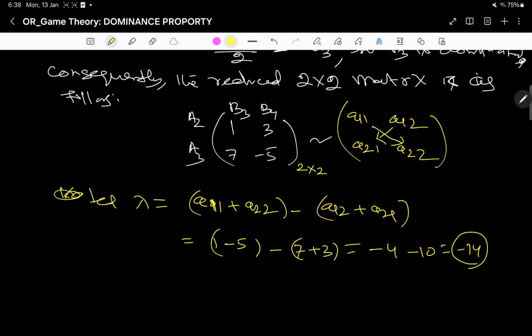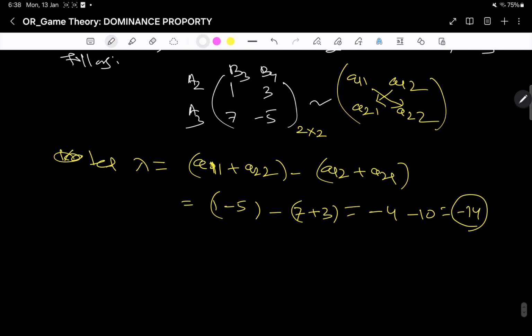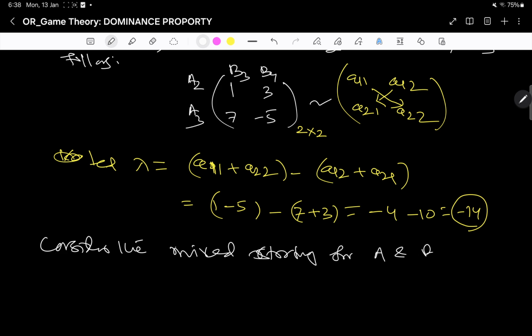Okay, so let us first declare the mixed strategy. Consider the mixed strategy for A and B as SA and SB respectively.